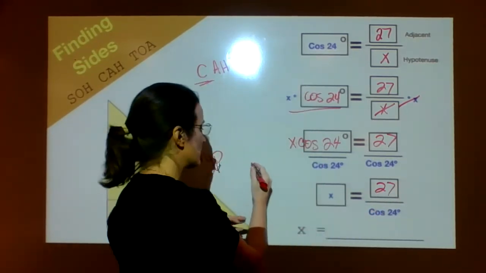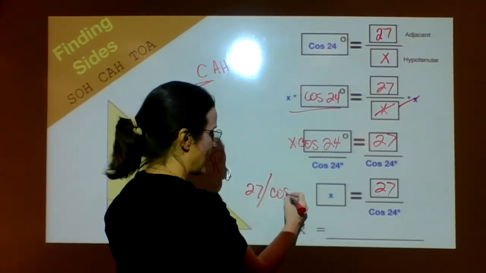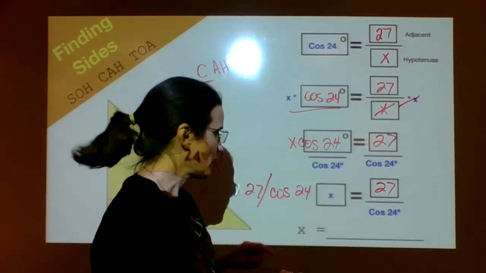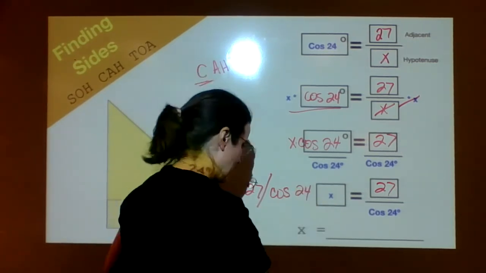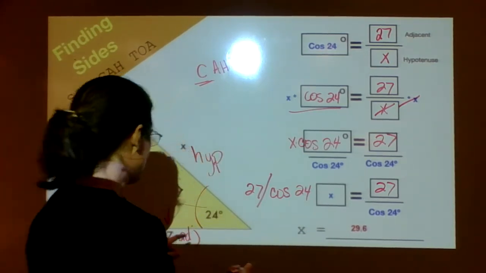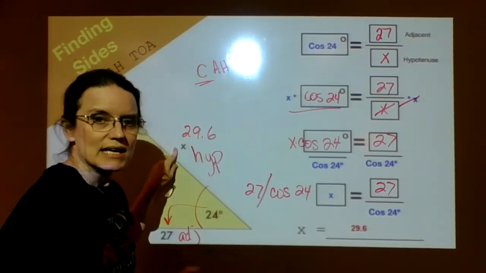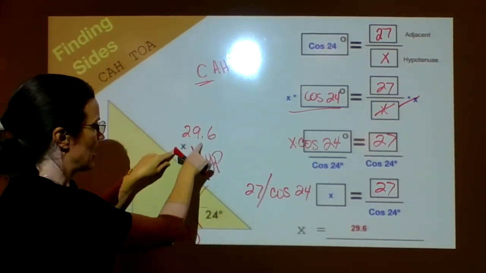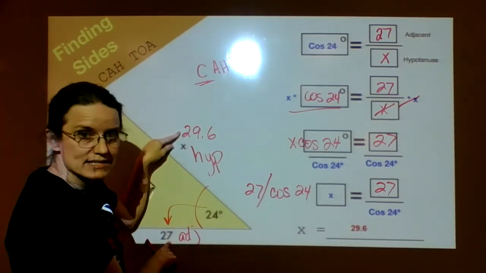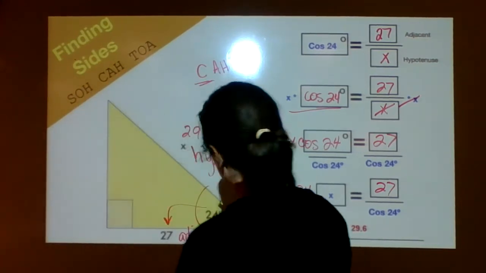So in your calculator, you would type 27 divided by the cosine of 24. And when you plug that in, X comes out to be 29.6. So this side was 29.6. Is that reasonable? The hypotenuse should be longer than a leg, so 29.6 is longer than 27. Yes, I have a reasonable number here.